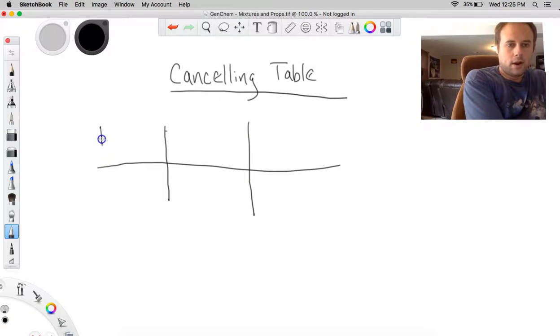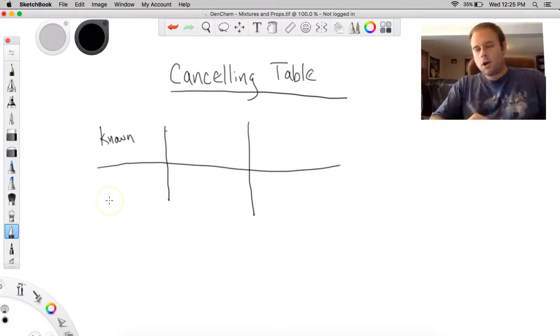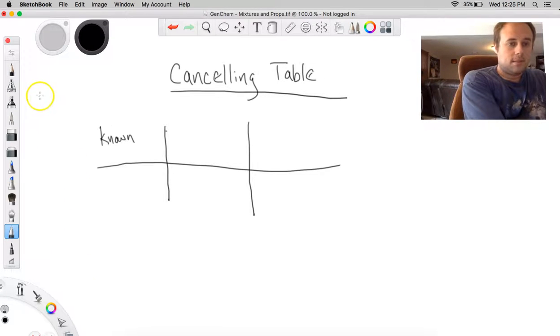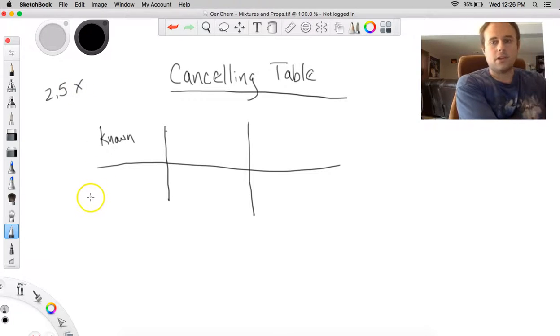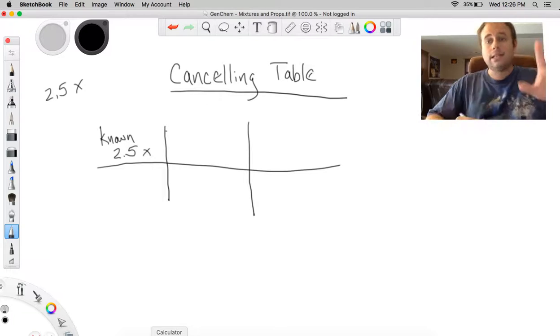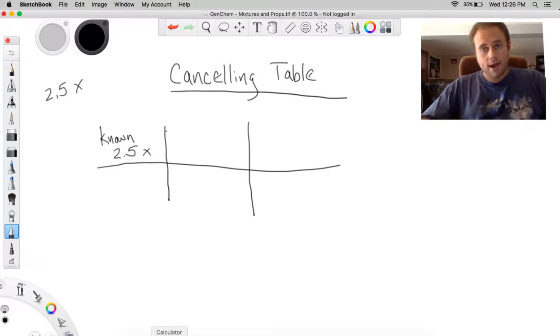And this is where your known will always go, up in this corner. So what do I mean by known? I mean that you're going to have a problem that tells you have something. So let's say it says you have 2.5 and then some unit x, where x could be grams, meters, whatever, right? So up here, I'm going to put 2.5, whatever my unit x is. That's where I take whatever is known in the problem, I grab that, I put it up in that left-hand corner.